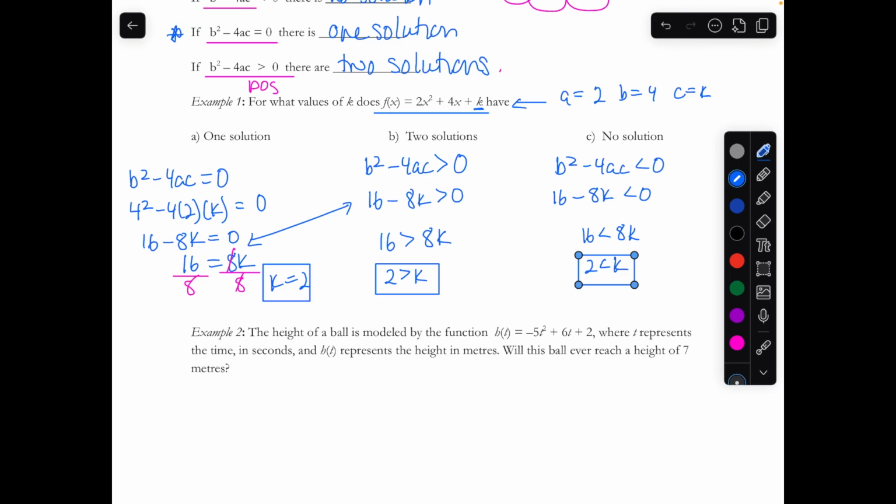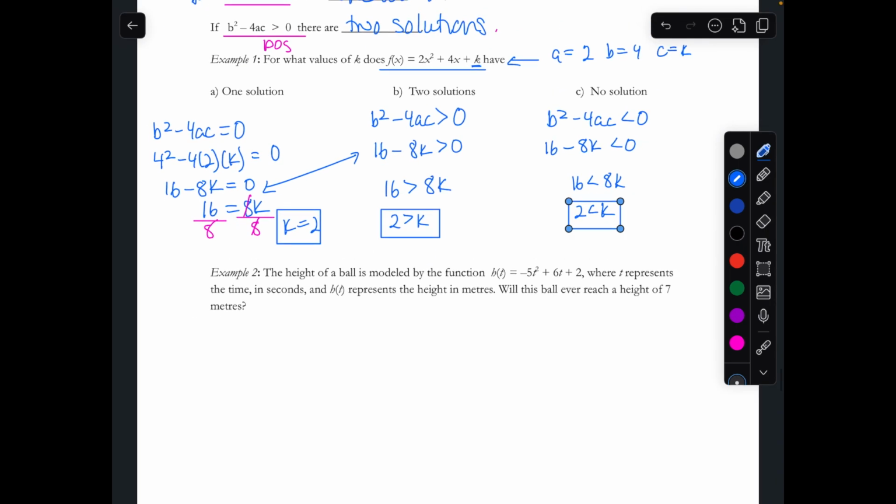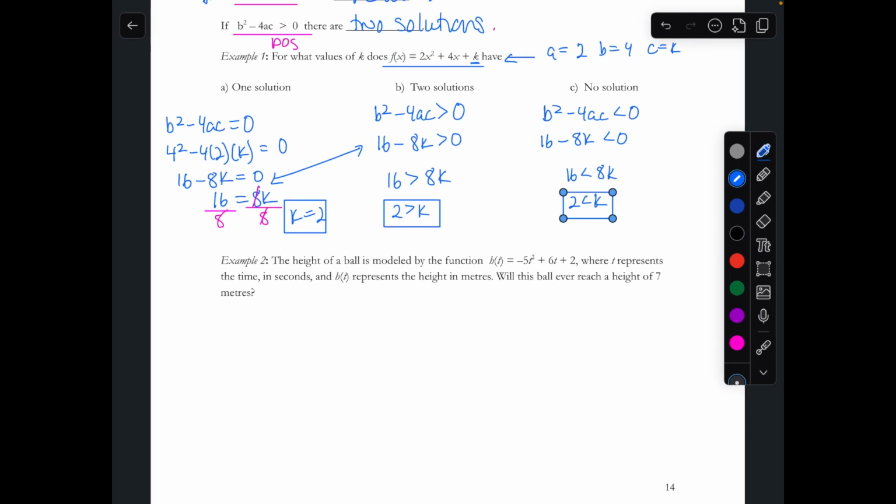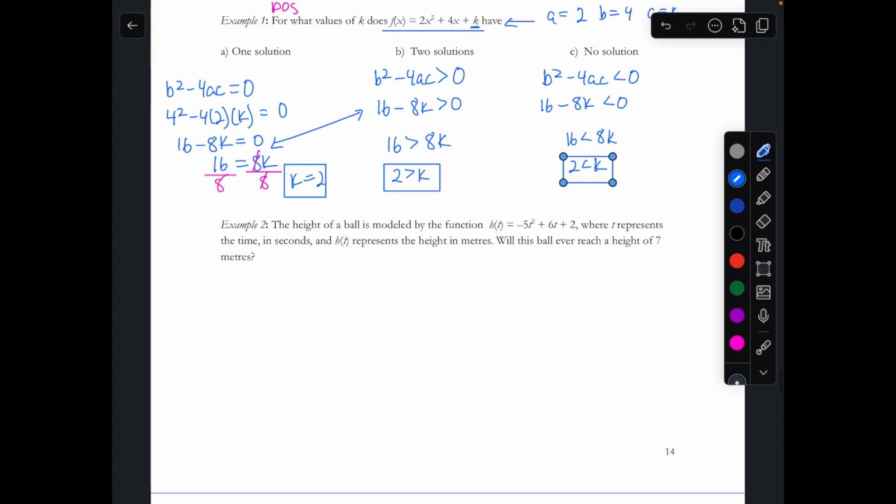Okay, one more. The height of a ball is modeled by the function negative 5t squared plus 6t plus 2, where t represents the time in seconds and h of t represents the height. Will this ball ever reach a height of 7 meters? Well, one thing we could do is find the vertex of this and see if it reaches a height of 7.